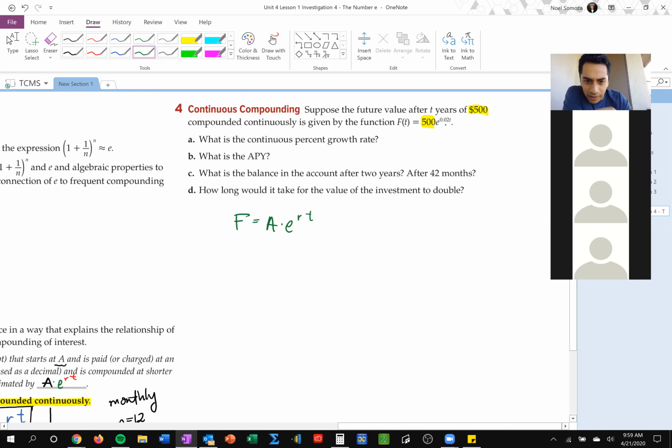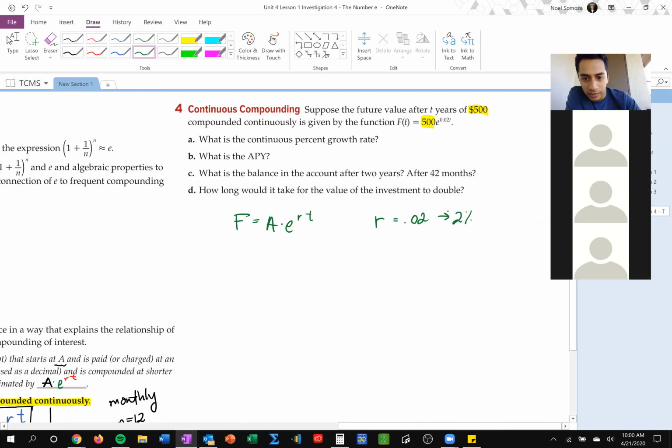So that means that the rate, if it's 0.02, then really what that means is it's a 2% rate. So we're compounding continuously at 2%. When it's asking for part A, what is the continuous percent growth rate? Well, we just found it. What we were looking for is right next to the time, the product of whatever that decimal is. That's the growth rate.